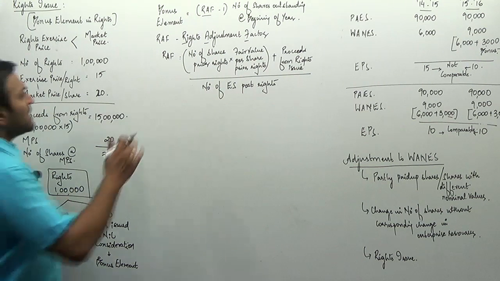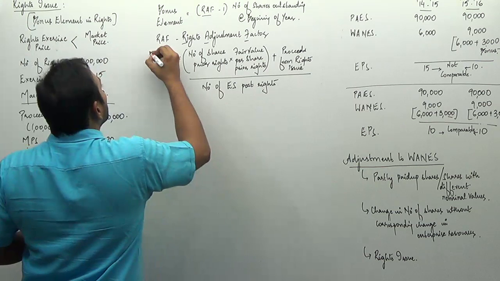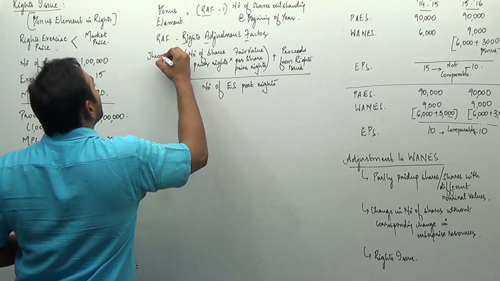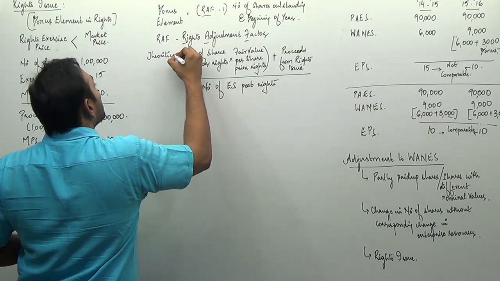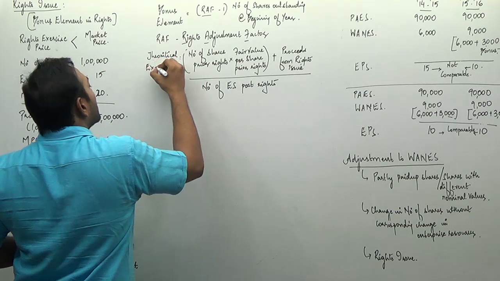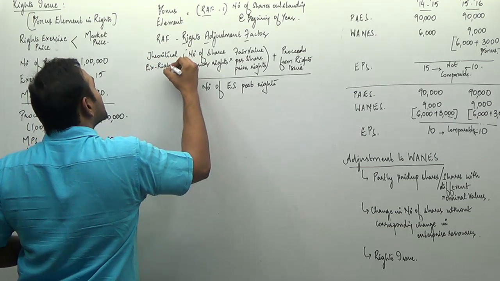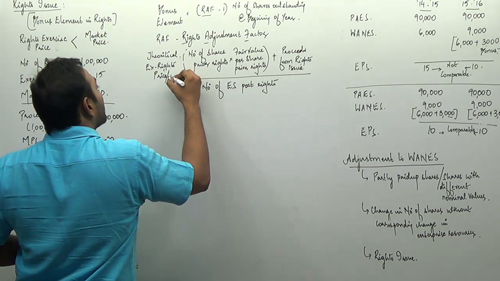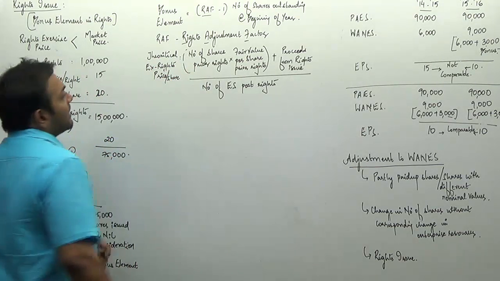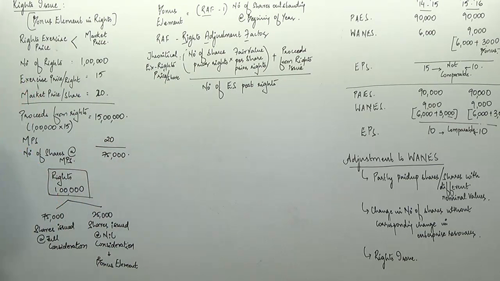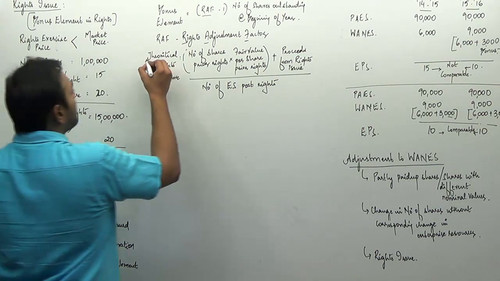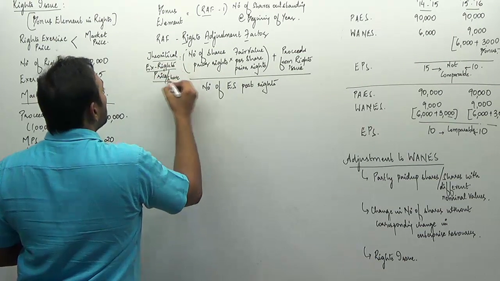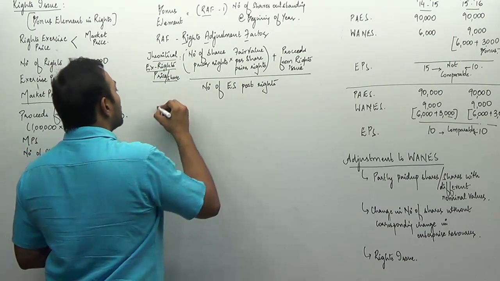I'm sorry guys, one second. This is not RAF, guys. This is called the theoretical ex-rights price per share. Now the question should arise: you were supposed to calculate RAF, so from where did you bring in this formula for theoretical ex-rights price? Where did I use this formula? I'll tell you.